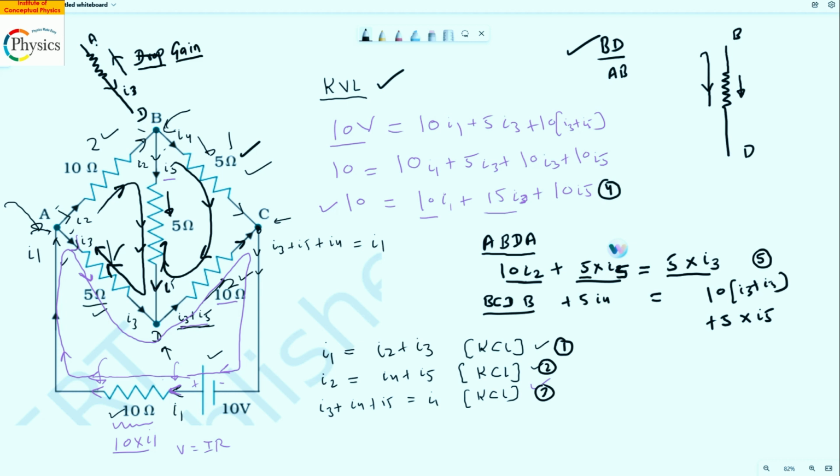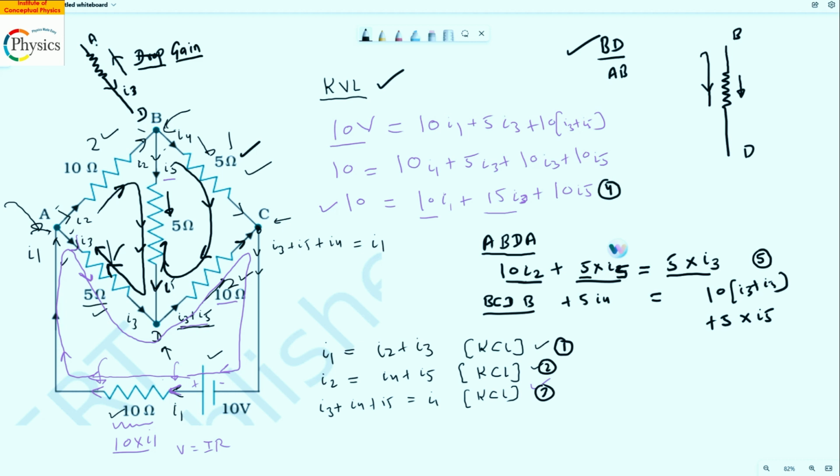Right, now the point I'm trying to make is start as a beginner and try to create as many equations as possible. You will see some of the equations being duplicated and not required. So we know there are 5 variables. We have to find I1, I2, I3, I4, I5, the current in each branch. And the number of equations should also be the same.